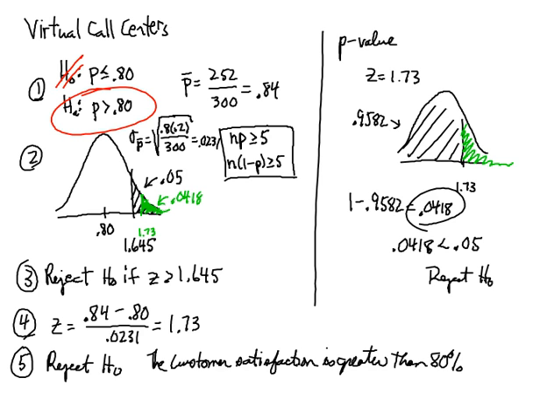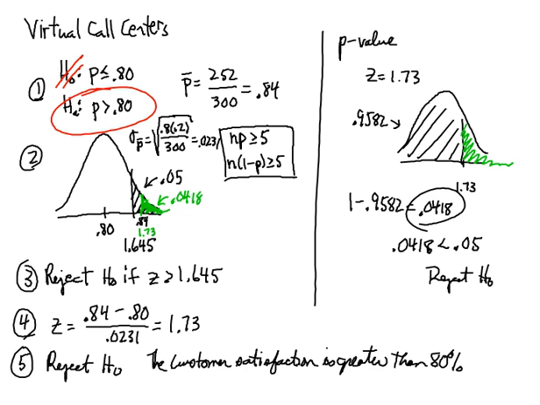So there's really two ways to run this test. One is the way I did first, is to calculate a test statistic and compare it to the critical value, the 1.645. The test statistic 1.73 is greater than 1.645, so the 0.84 is going to be to the right of that line. In other words, it's far enough away from the 0.8 to go ahead and reject the 0.8.